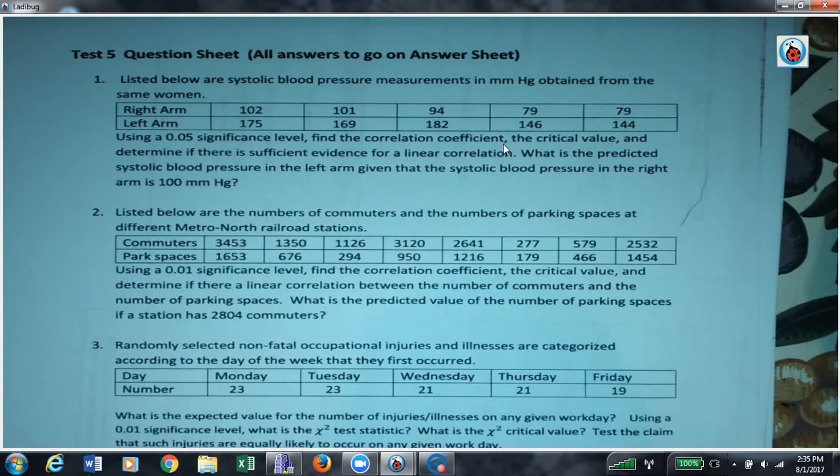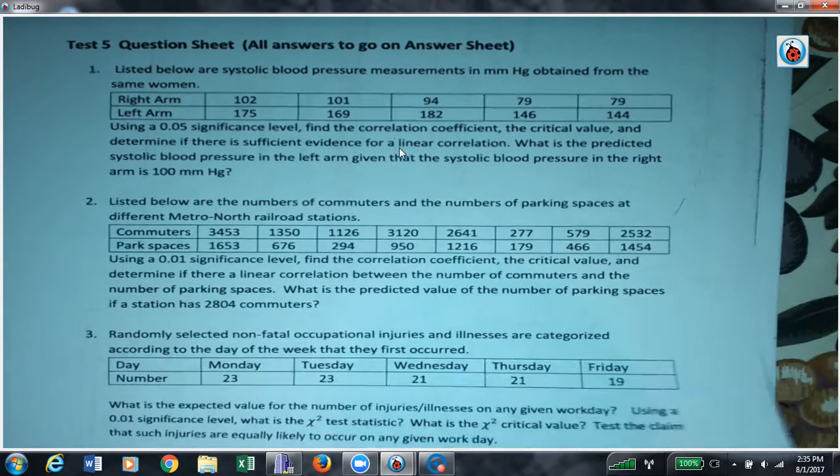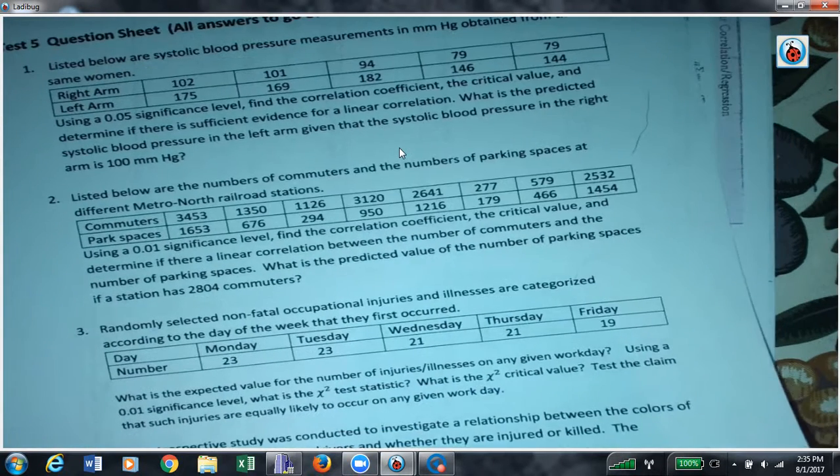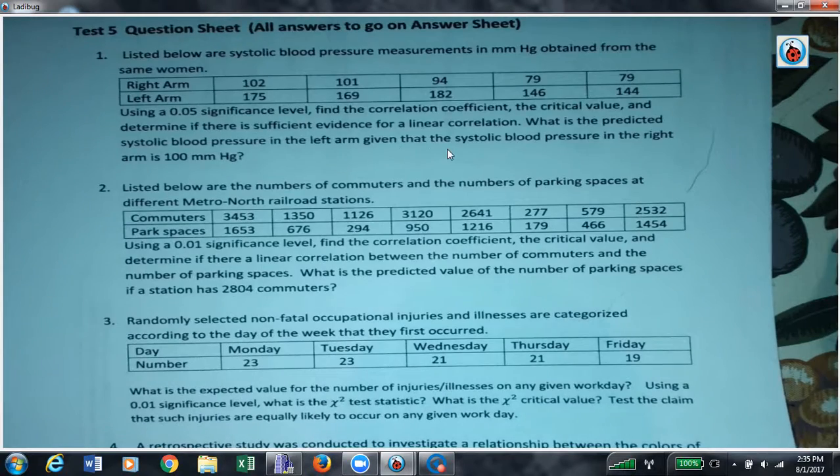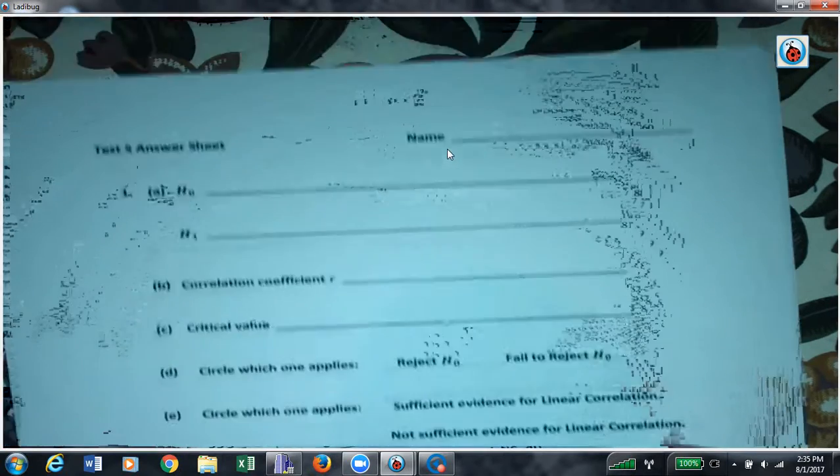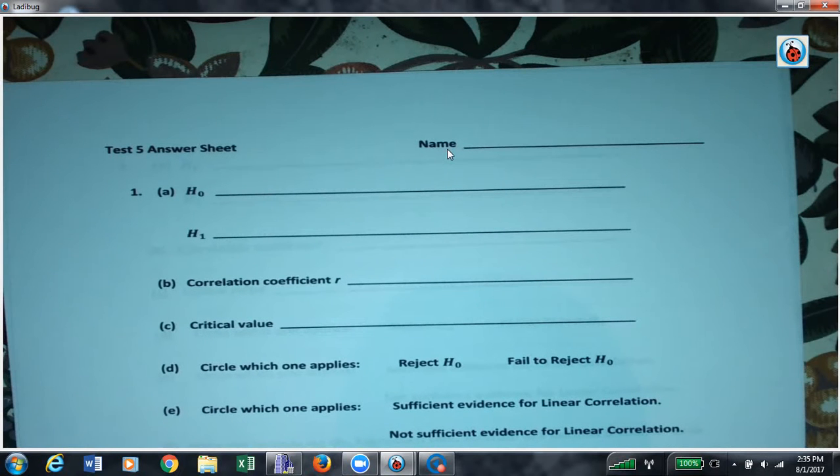So if I look at the answer sheet, there's a couple of things that we can do. This is a linear correlation problem. And so the null hypothesis is there's nothing fishy going on, nothing out of the ordinary.